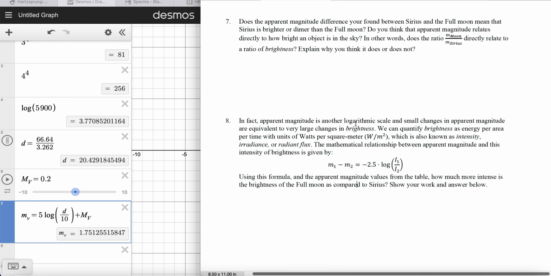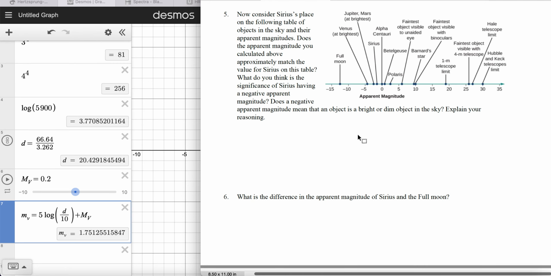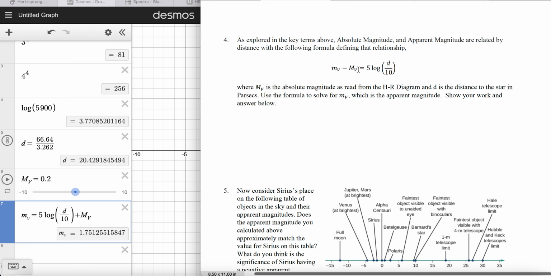So I'll read that out in the sentence. It says here, in fact, apparent magnitude is another logarithmic scale, so that'd be comparing between two apparent magnitudes. Notice that if this looks a lot like the previous equation, and you think I'm repeating myself, here we're comparing between two apparent magnitudes, whereas up with question 4, we compare between apparent and absolute, okay?